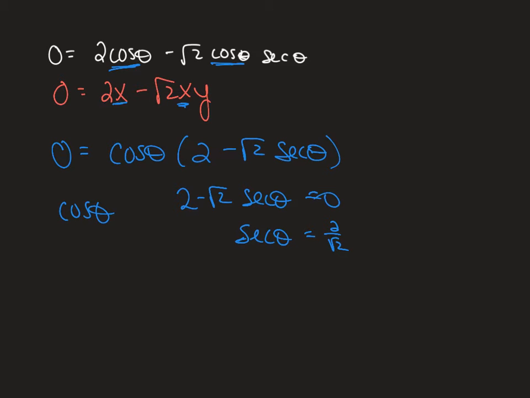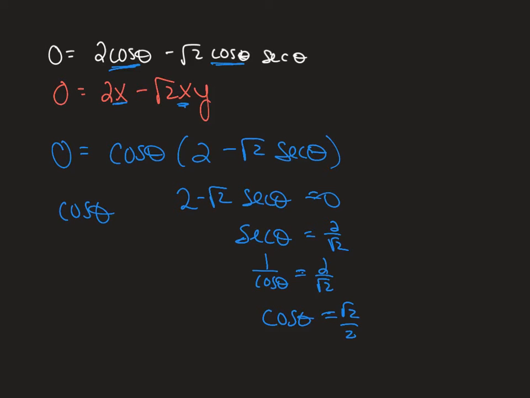And so then when you look at this, it's really 1 over cosine theta equals 2 over radical 2. And so then you're going to cross multiply and divide, and you would actually get cosine of theta equals radical 2 over 2.